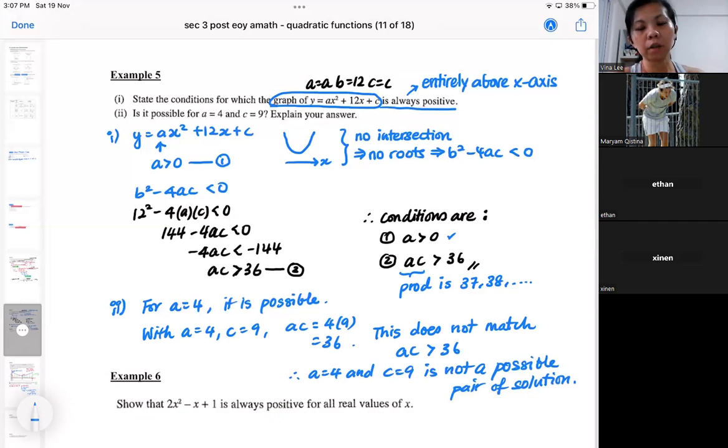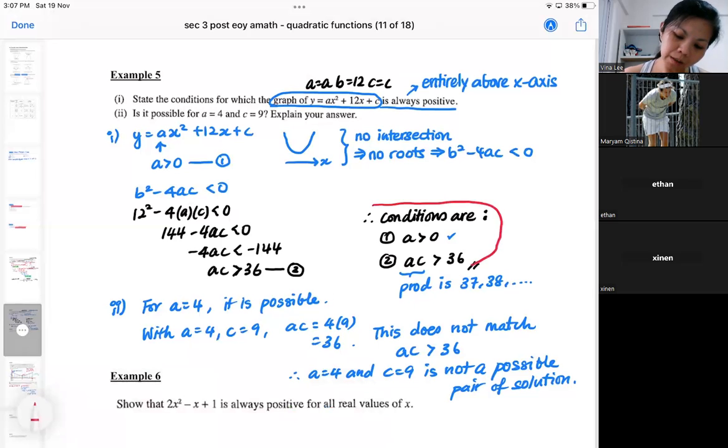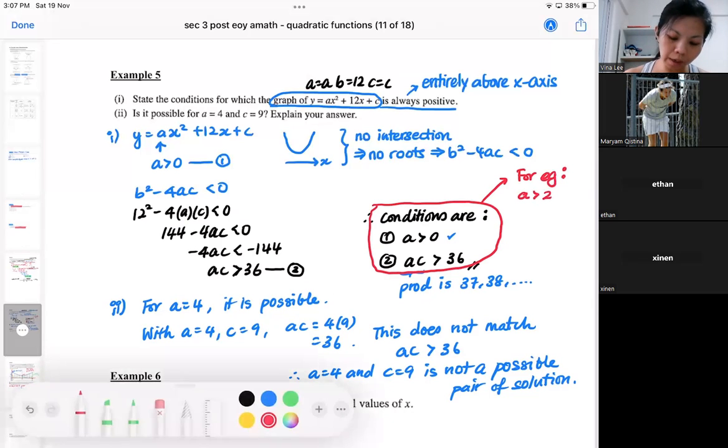Subsequently, for this kind of question, they may ask you to give a sample. So let's say you would like to give a sample. Based on the condition here, I'm going to give an example, any example. I can choose a positive 2. I can choose A equal to 2.